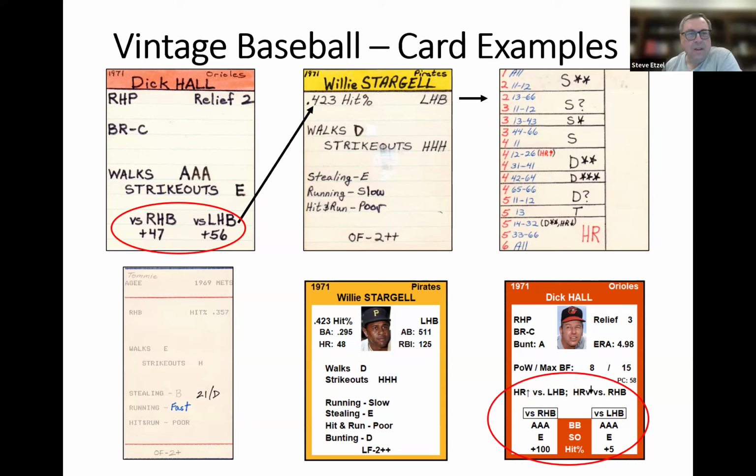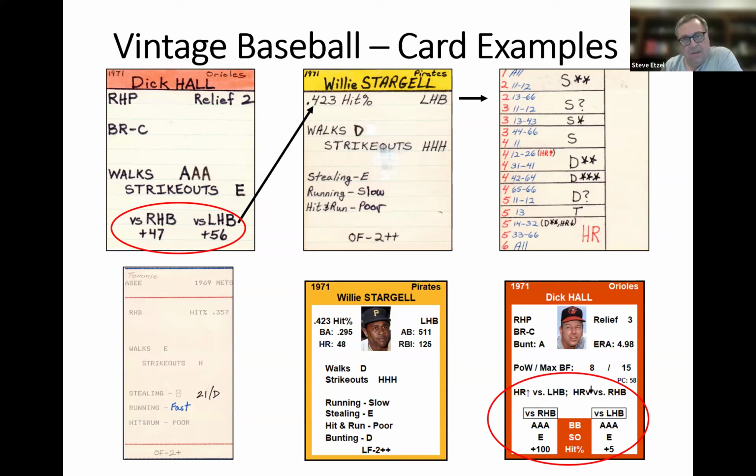And then you overlay Dick Hall's adjustment, if you will. So if Dick Hall is pitching to Willie Stargell in this example, if the ball gets in play, Stargell's going to get on base almost half the time. Now, that presumes he doesn't strike out, which he is going to. Anyway, that's the basic mechanic of the game.